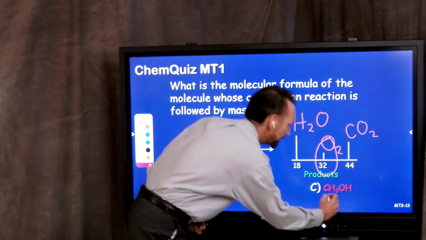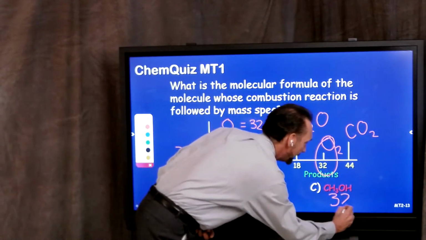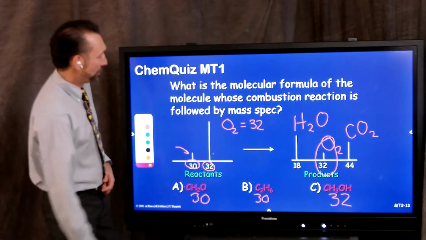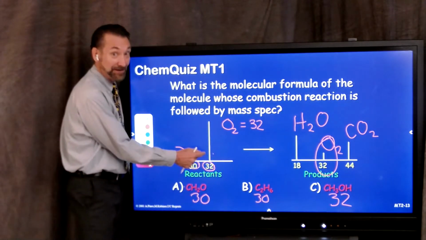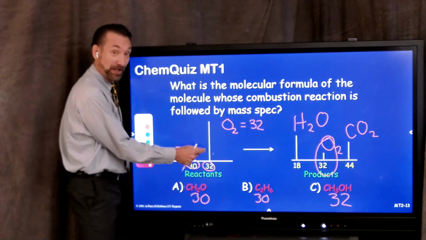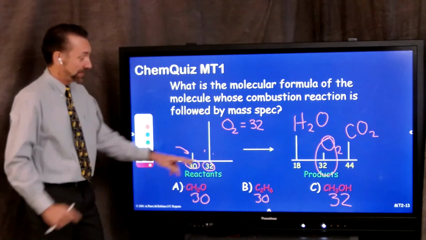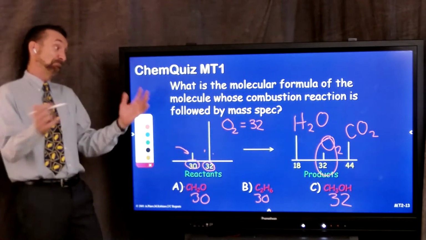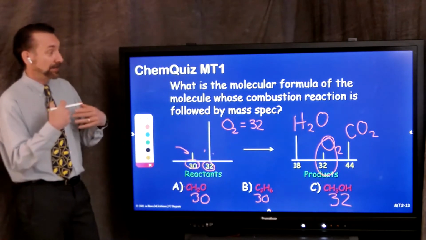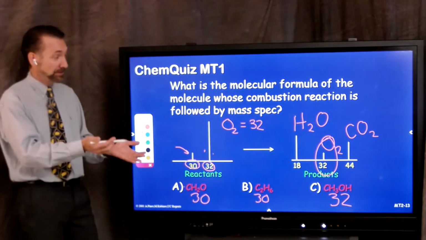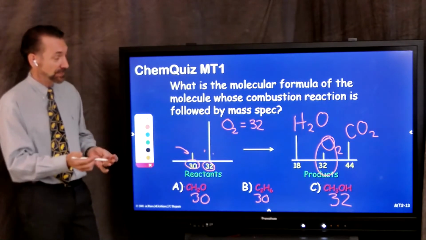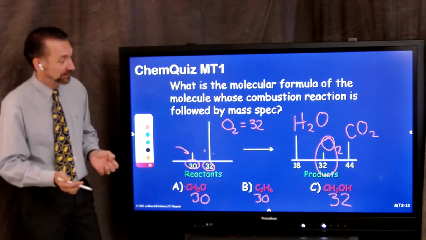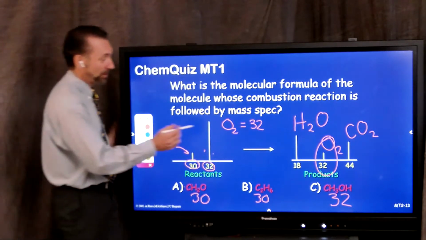So that one has mass 32. So that could have been in there, but it's more likely that this is oxygen and not that. But can't totally rule that out until you go a little further, I think, and say, actually, you could make arguments one way or the other.